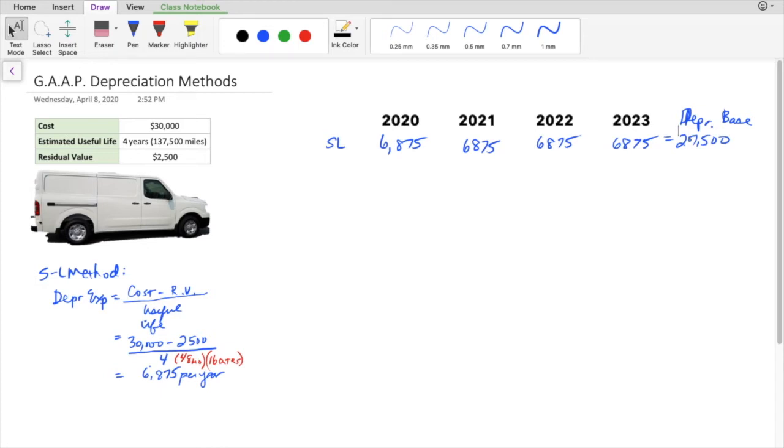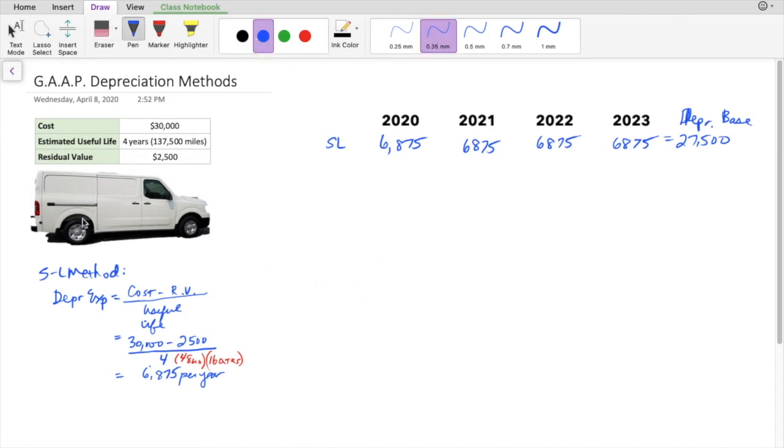Units of production works a little bit differently. In units of production depreciation, we are going to calculate a depreciation rate. Now, we can actually determine a depreciation rate for straight line too. Maybe I'll do these in different colors. That'll be easier.